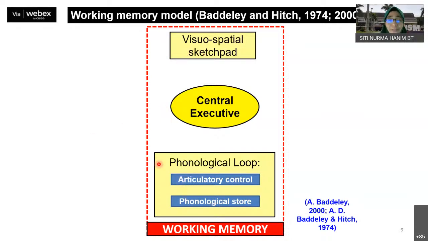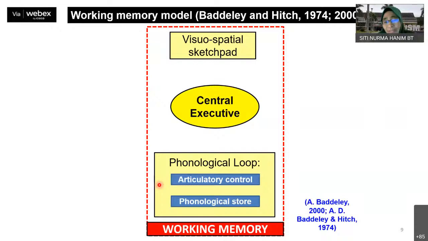All learners have these two centers. As an educator, we must know how to optimize the visual spatial sketchpad, and we must also know how to optimize the phonological loop. So there is actually no such thing as I'm a visual learner, I'm an auditory learner. It's just the way how we optimize it.